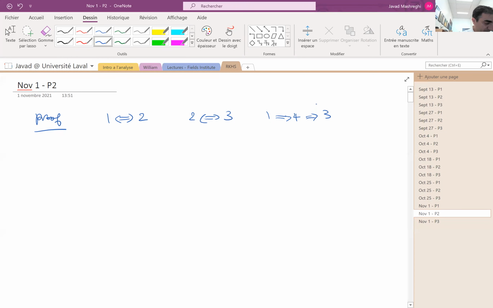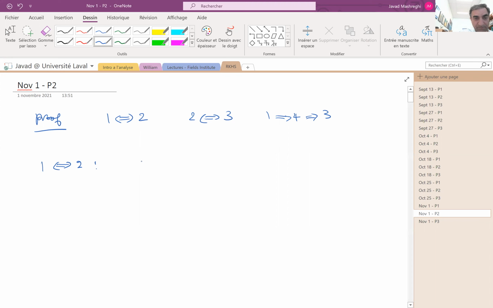To show that 1 is equivalent to 2, again, that's another point where the formula that we saw before is important.